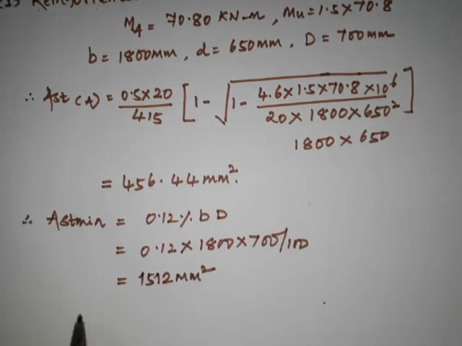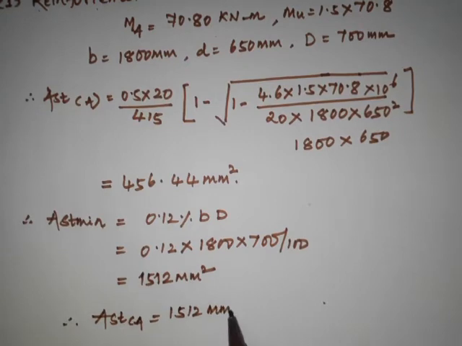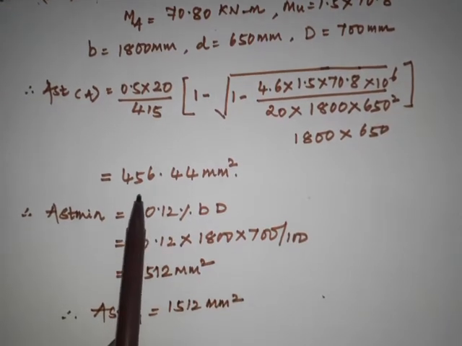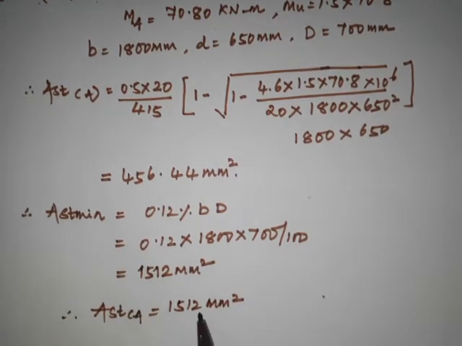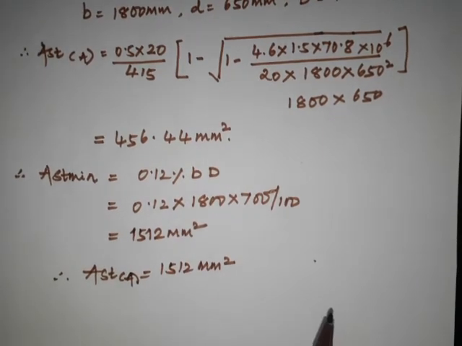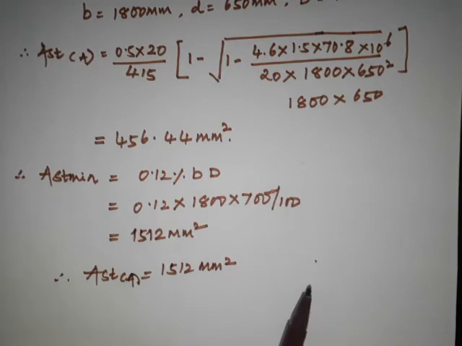So therefore, here you can say, therefore AST A is equal to AST minimum, that is 1512 mm square, because the AST is less than AST minimum, so we have to provide AST minimum only, that is 1512 mm square. Okay, so now we have to find out the diameter. By assuming diameter, we have to find out spacing.